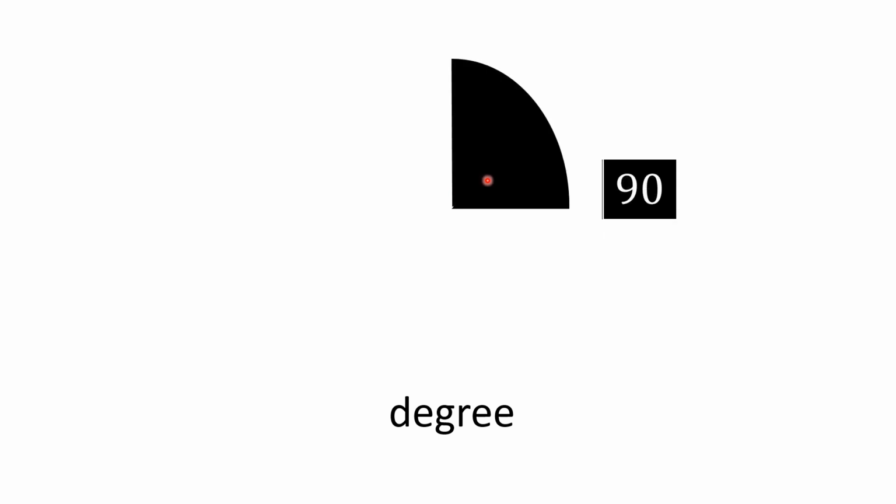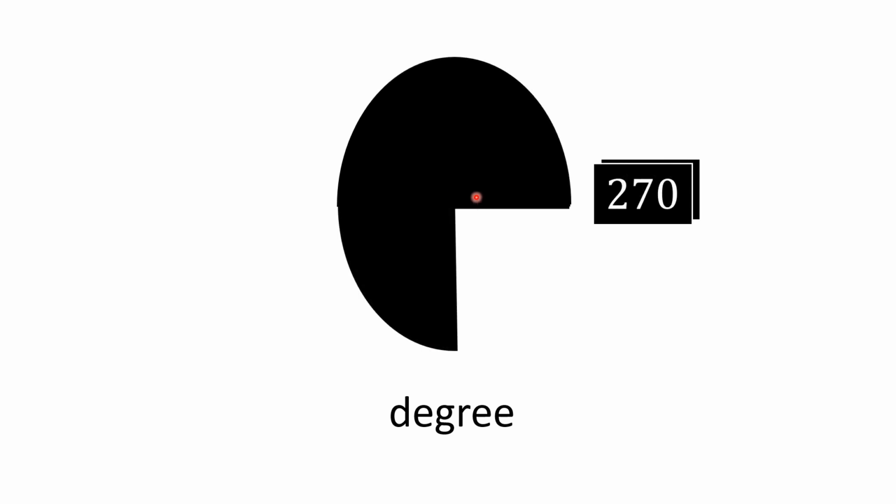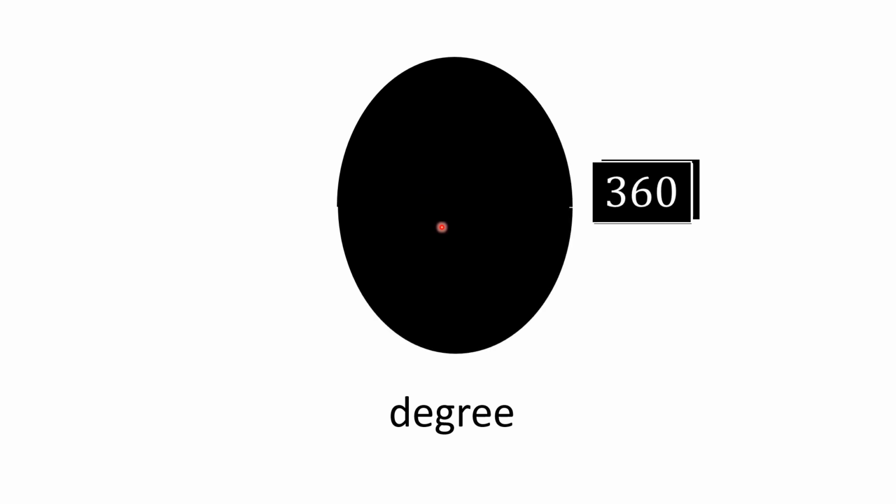For instance, this is a 45-degree angle. This is a 90-degree angle. This is a 180-degree angle. This is a 270-degree angle. And a full circle or a complete rotation or revolution is a 360-degree angle.